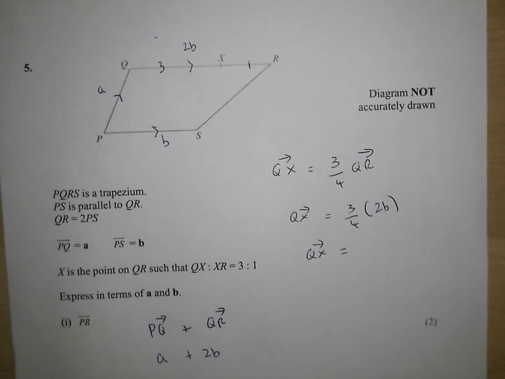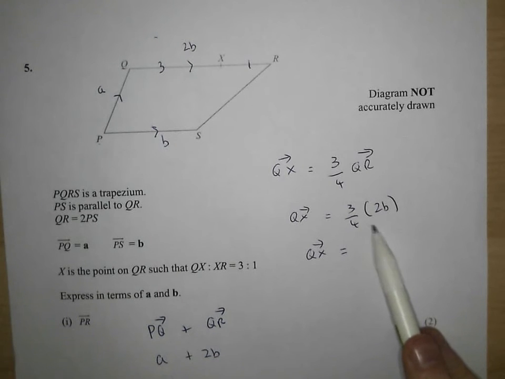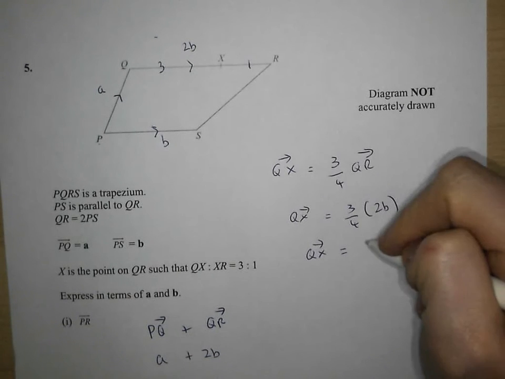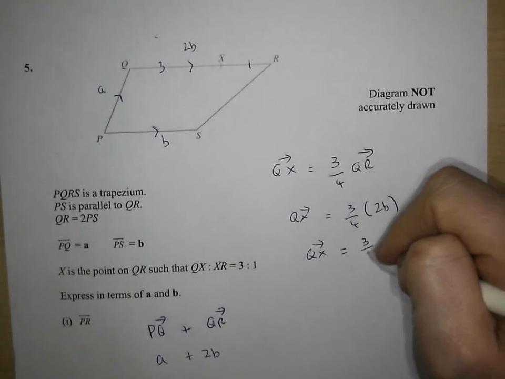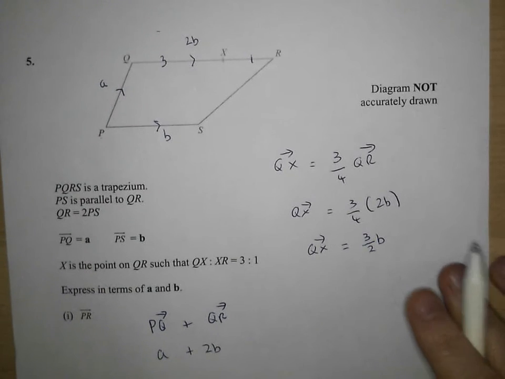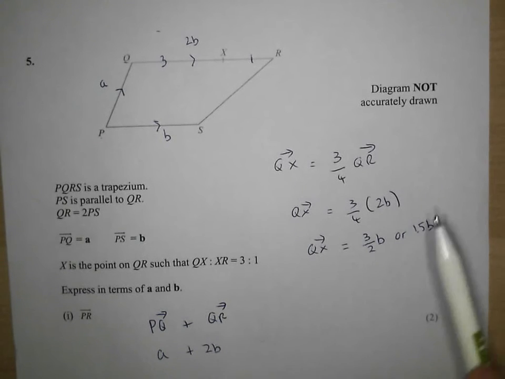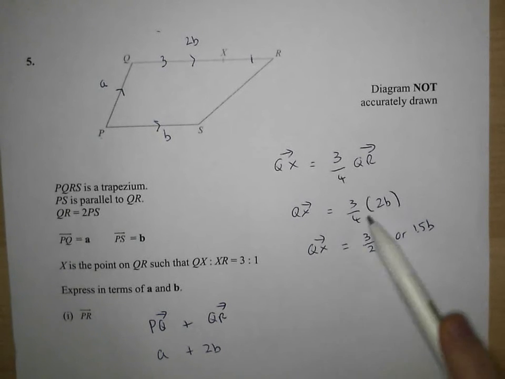What on earth is 3/4 of 2B? Well, 2B is 2 wholes. So 3/4 of 1 whole will be 3/4. 3/4 of 2 wholes would be 6/4, or 1.5. So you can think of it in terms of 3 over 2 B's if you want, or 1.5 B's if you prefer. It doesn't really matter, whatever works for you. This will be non-calculator, so you need to be good at sorting out those kind of calculations.